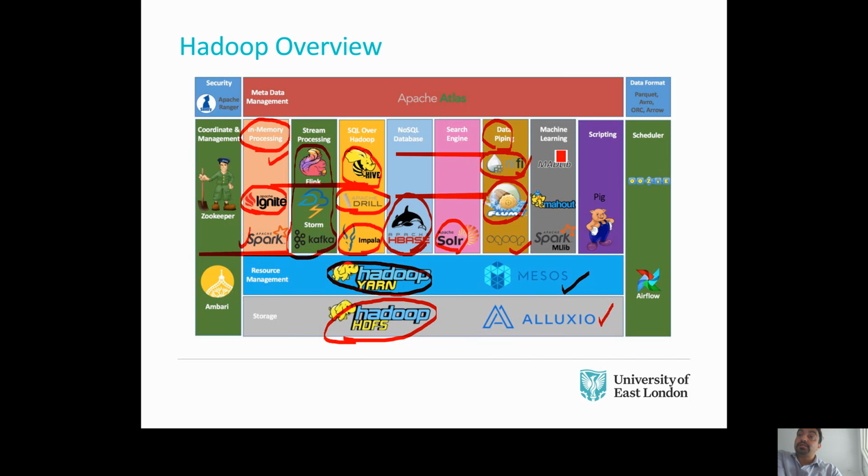And also machine learning libraries. Spark machine learning library is basically in memory. Mahout is based on hard disk, and the difference is just using your resources, hard disk based or memory based. And a scripting tool, Pig.